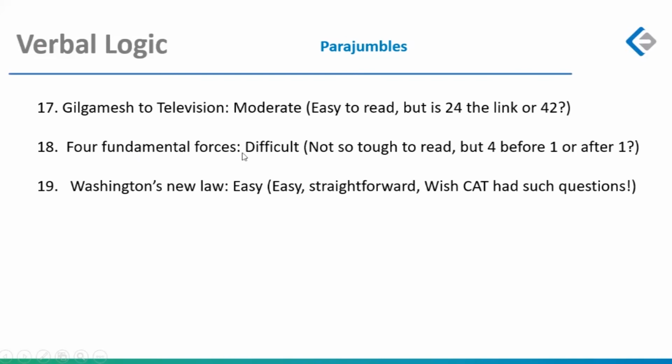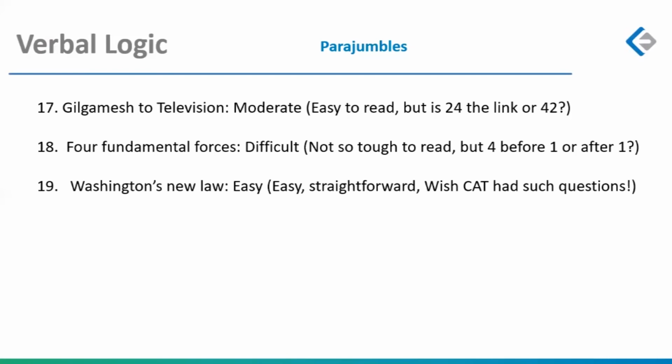4 fundamental forces of the universe, very difficult, because when we created this question and circulated this among our team, I could see the discord in terms of deciding whether 4 should come before 1 or after 1. Yes, it's a trap. It's a huge trap. It requires significant understanding of coherence.